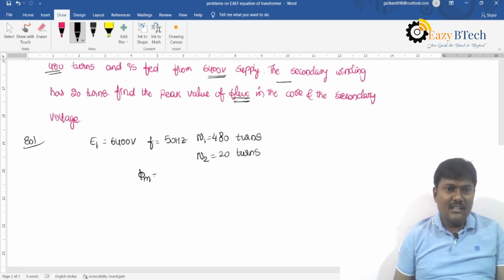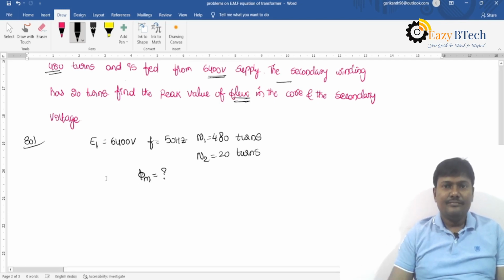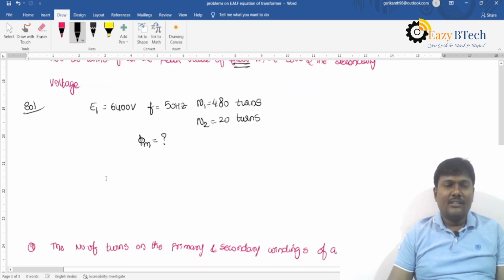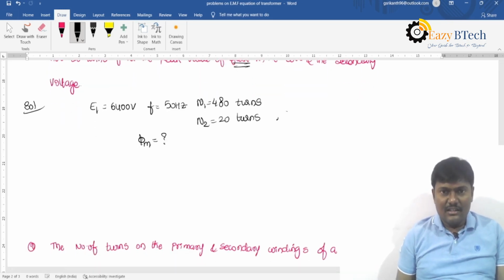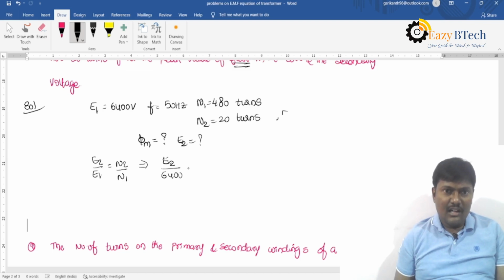So phi max is how much? And the secondary voltage E2 is also, what is the answer? E2 divided by E1 is equal to N2 divided by N1. That is called the transformation ratio. E2 we have to calculate. E1 is 6400, N2 is 20 divided by 480.